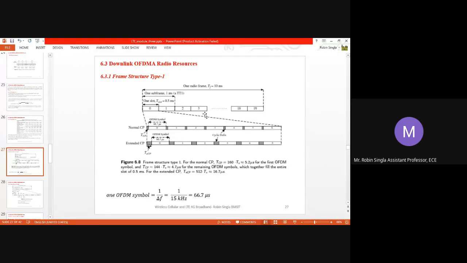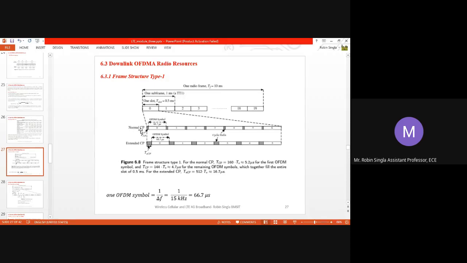In one radio frame there are 20 slots. Two consecutive slots are known as one subframe of 1 millisecond. One slot is of 0.5 millisecond, and each slot contains OFDM symbols. How many OFDM symbols it will contain? It depends on the CP, cyclic prefix we are using.